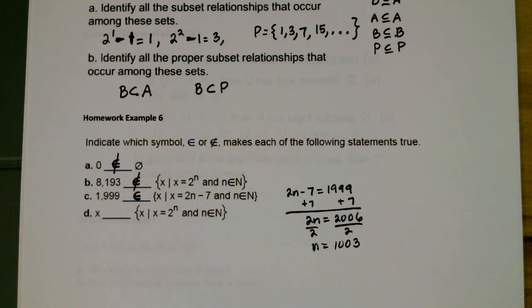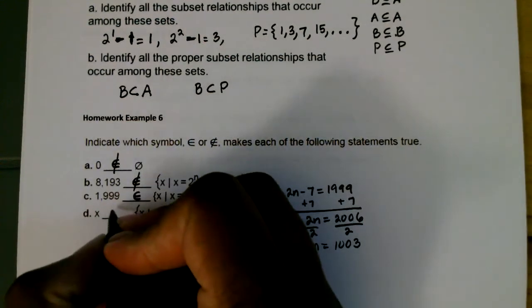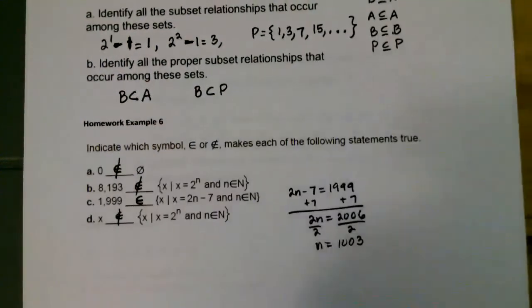And then x compared with the set of all x such that x is equal to 2 to the n, and n is an element of the set of natural numbers. In this case, we can say this will not happen.